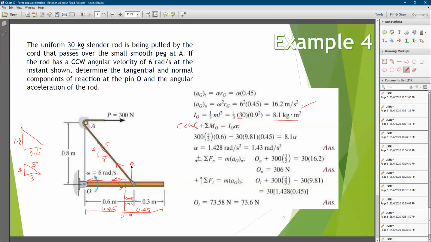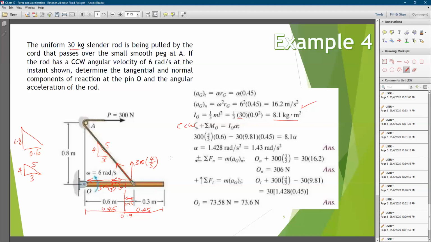Okay, therefore we have a 300 times 4/5. Okay, this part, and this part down here should be 300 times 3/5. Okay, on this part.